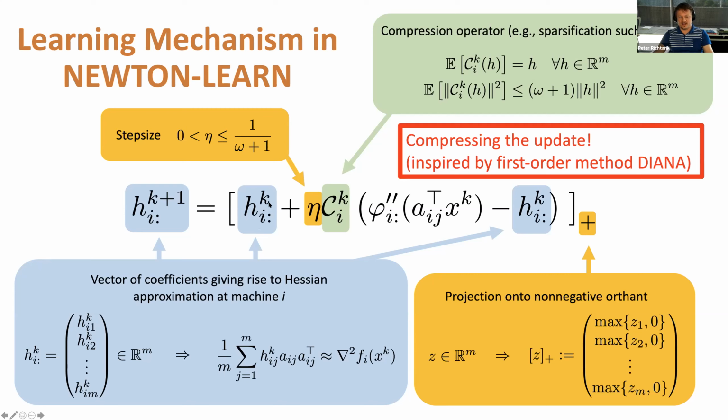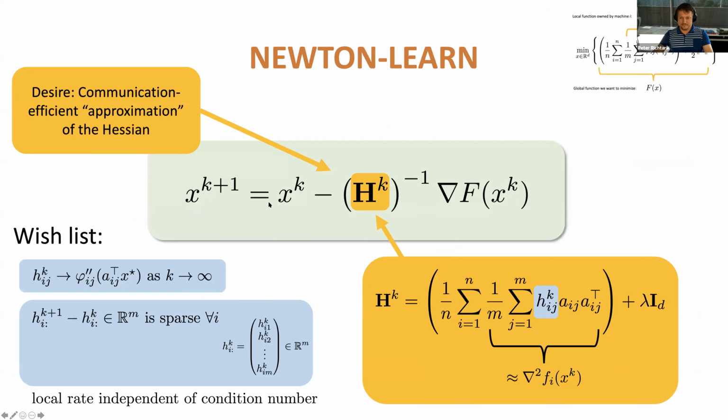That means that you can update the Hessian, this matrix from a node i, simply by sending one float to the server. And if the server doesn't know these a_ij, then you also send the corresponding a_ij to the server, and then the server can compute this Hessian approximation just from that information. And this is how you make it communication efficient.